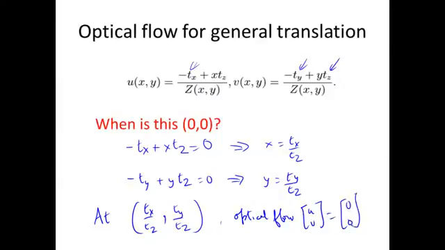So this point, tx upon tz, ty upon tz, is the moral equivalent of the origin in the previous case. We will call this point the focus of expansion.